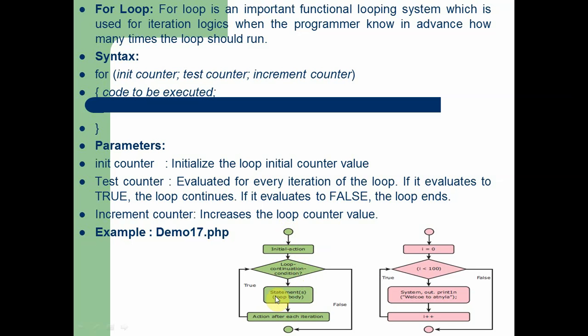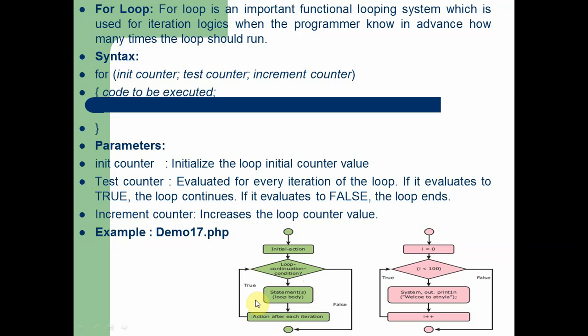After executing the statement, at the end of this statement, the loop structure again goes to the condition area and again checks the condition, either true or false. If the condition is true, then it will execute the same statement for the second time. After executing the statement, it goes to check the condition.